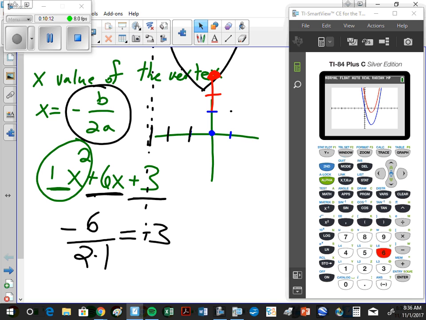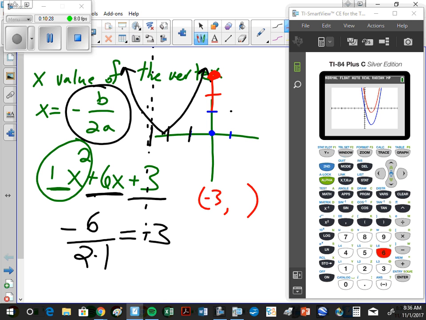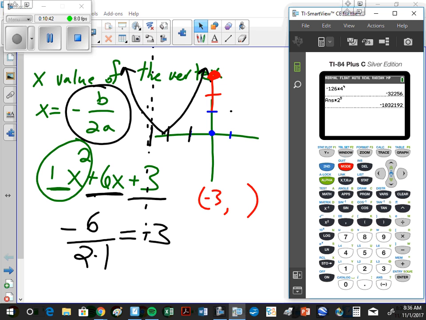So I grab the graph and I keep pulling it until I get to -3, and it still needs to hit that y-intercept. So the vertex is -3 comma what? How do I find the y value of the vertex? Plug in -3. What is -3 times -3? 9.